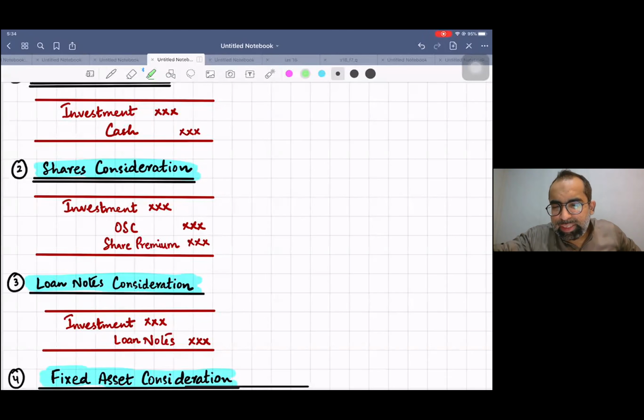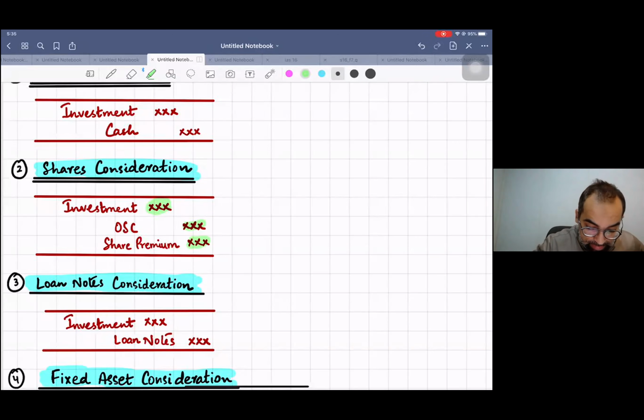As the parent company has just bought shares of another company, this is investment, so debit investment. Now the parent company just issued new shares. Whenever any company issues new shares, they credit ordinary share capital with face value, and the remaining difference goes in share premium. So the entry is debit investment, credit share capital, and credit share premium.